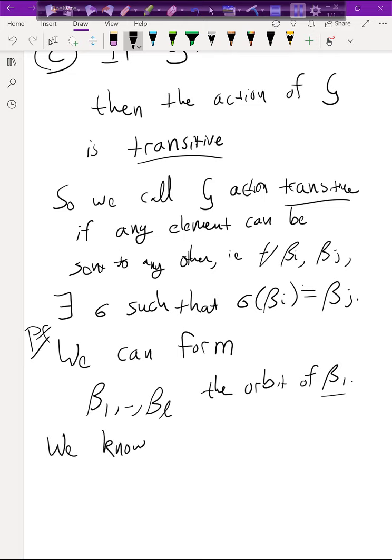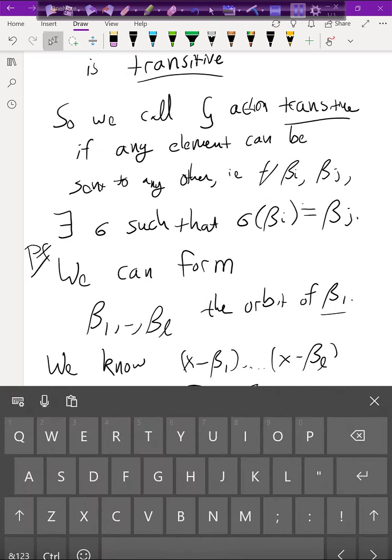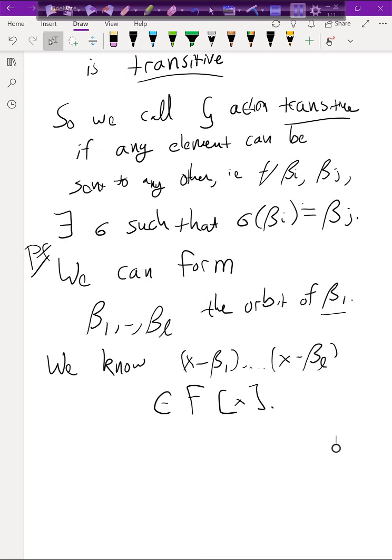Now we know from our previous work that (x minus b1) through (x minus bl), this polynomial is in F[x], because the coefficients of this polynomial are symmetric under the action of G. So we know this product is in F[x].